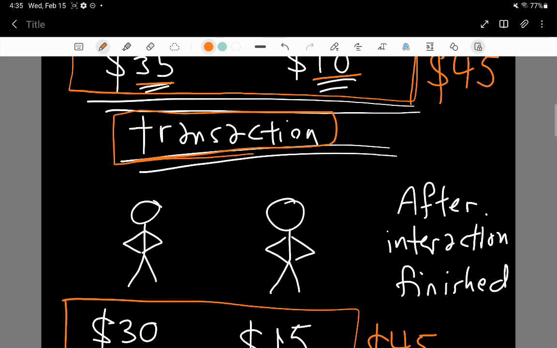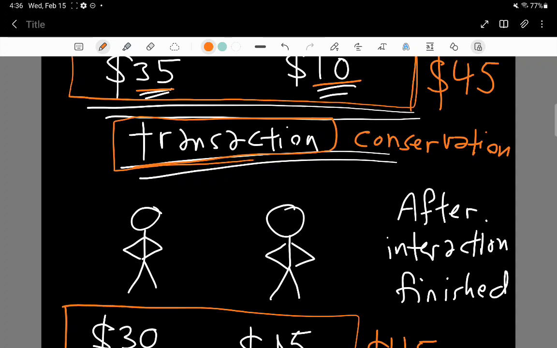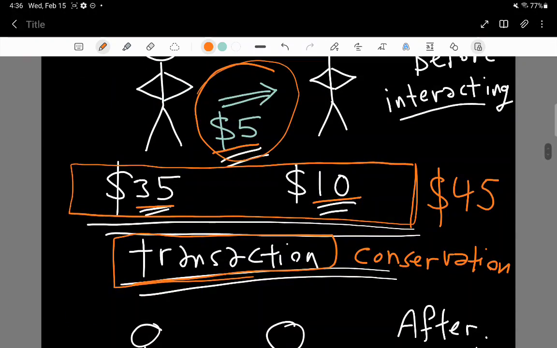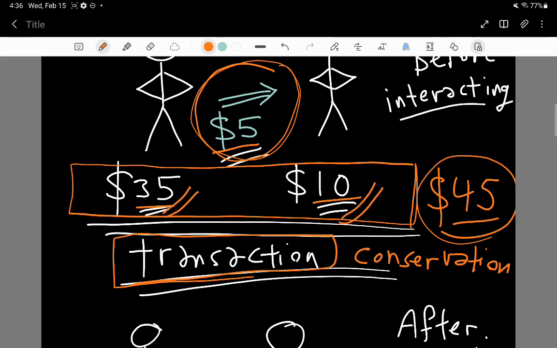But the transactions follow a conservation principle in the sense that no matter what kind of transaction happens, the total amount of money never changes. Individual amounts of money can change, but the total amount does not change.